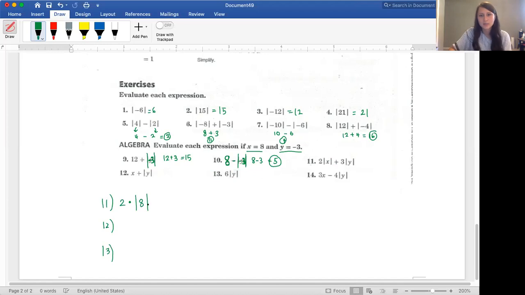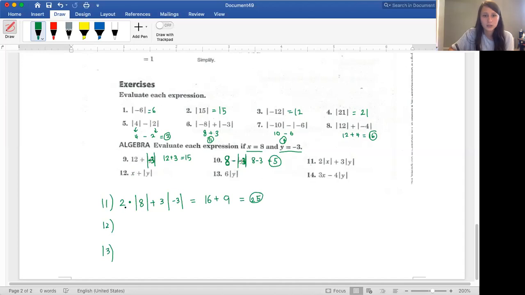So that's 2 times 8 plus 3 times absolute value of y, which is -3 here. And so that would be 2 times 8, which is 16. 16 plus 3 times 3, well, -3 in absolute value is +3, so 3 times 3 is 9. So I can add them and I would have 25 as my answer.